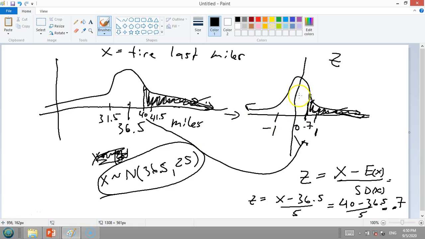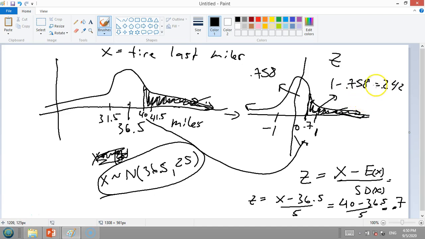So the area to the left is 0.758. And this area is 1 minus 0.758, right? Is this area. And if you just do the math, it should be 0.242.